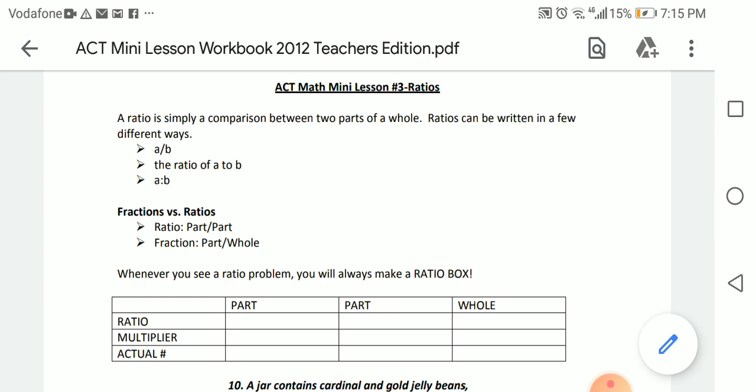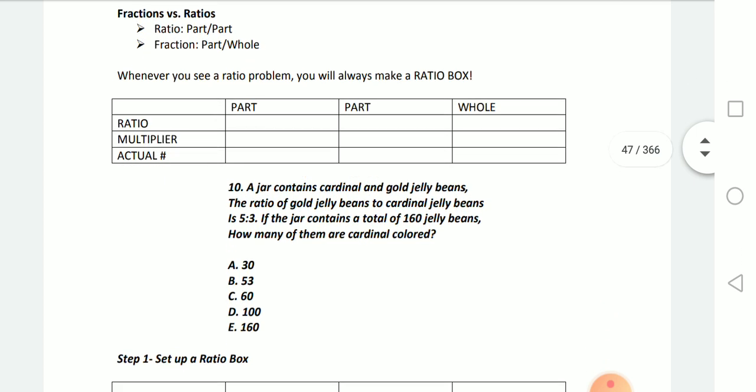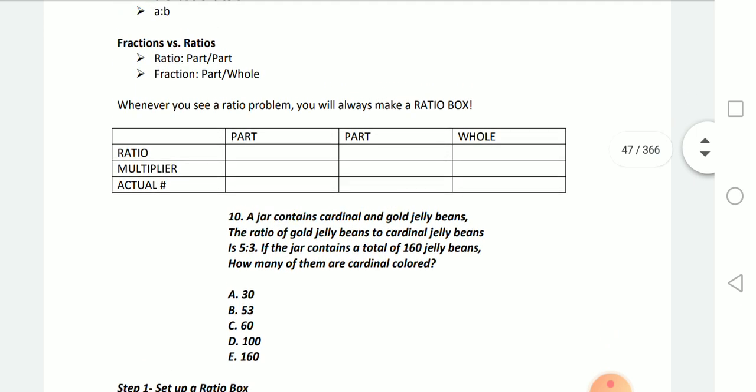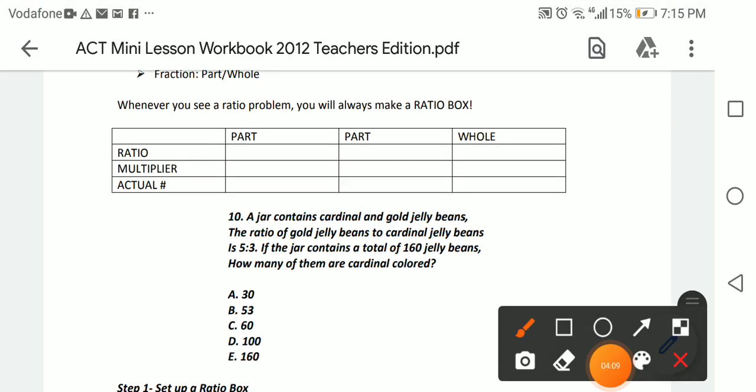If I have a ratio problem, remember to do the steps. The first thing is to draw the ratio box. Don't forget to draw the ratio box: ratio, multiplier, and actual.